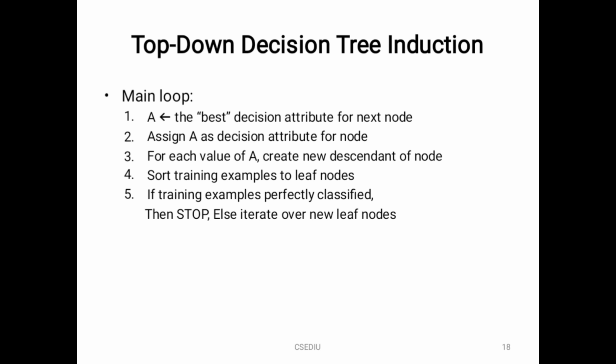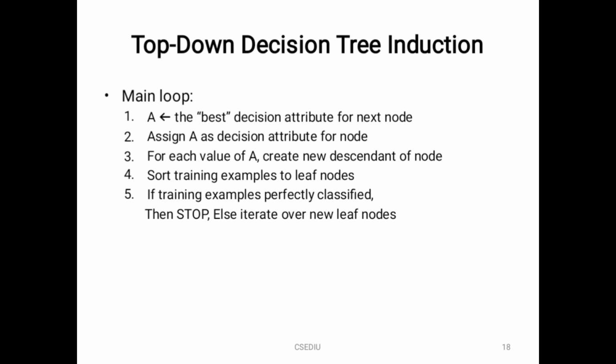Select the best attribute means determining it based on how we gather the information: gain ratio, Gini impurity, entropy reduction. It all comes under selecting the best attribute. Then assign A as the decision attribute for the node. This comes under how to select the best attribute.